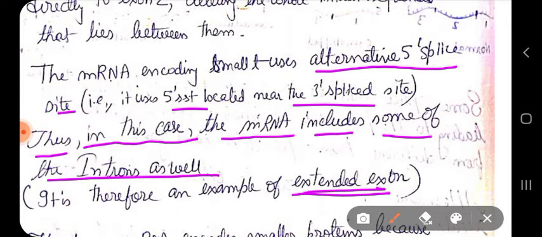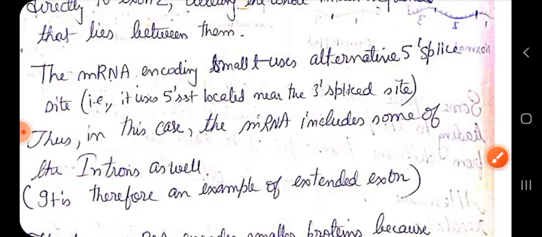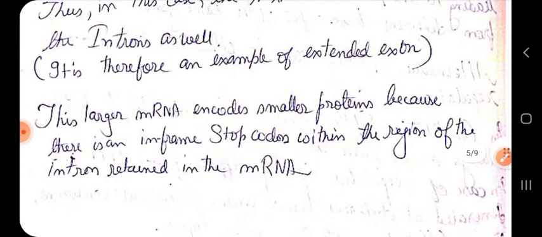An alternative 5' splice site is used instead of the normal 5' splice site, and some of the introns remain during the splicing process, after splicing to make a unique mature mRNA that will code for the small t antigen gene. So the larger mRNA encodes a small protein because the intron is present.